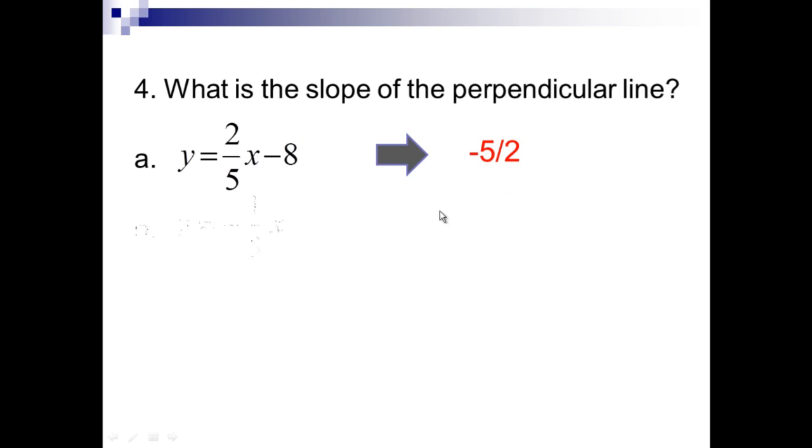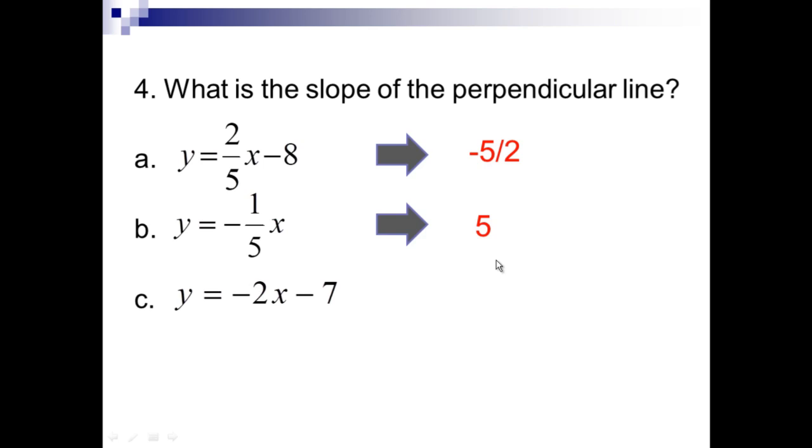For the second equation, the slope of the perpendicular line is 5. For the third equation, the gradient of the perpendicular line is a half.